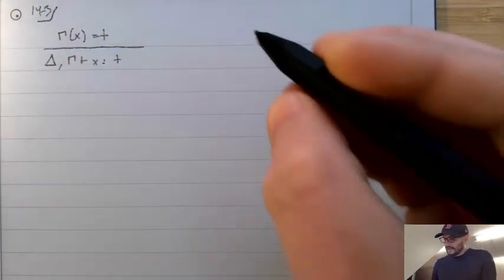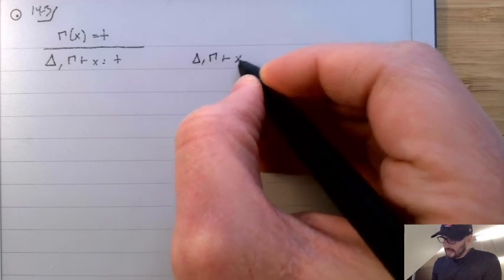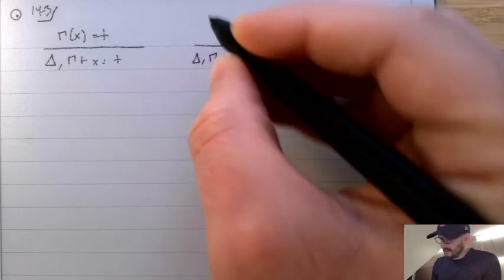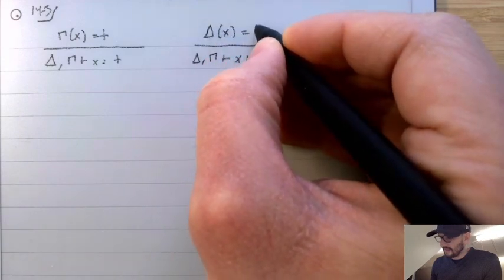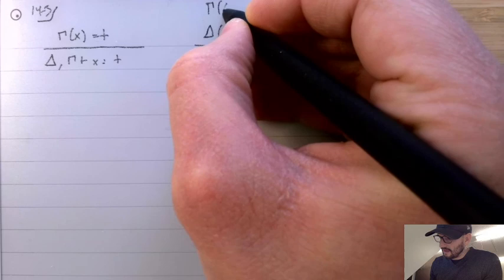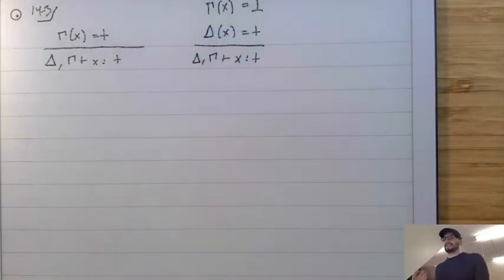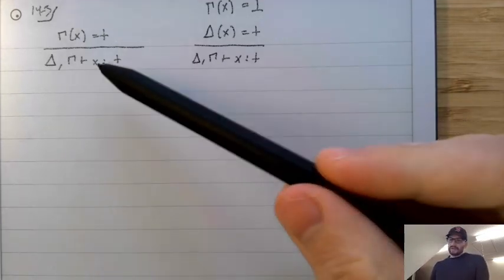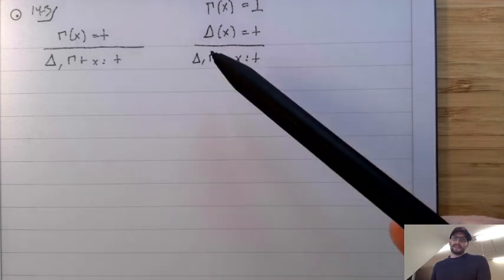Well, we need to add another rule that basically says it has type t if delta of x says t, and gamma of x is bottom, meaning that it's not listed.